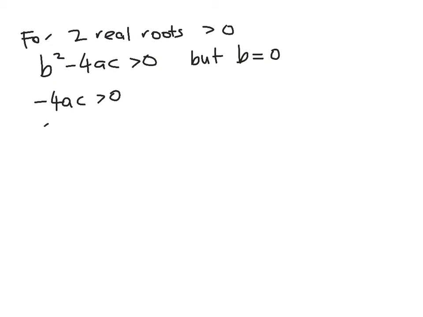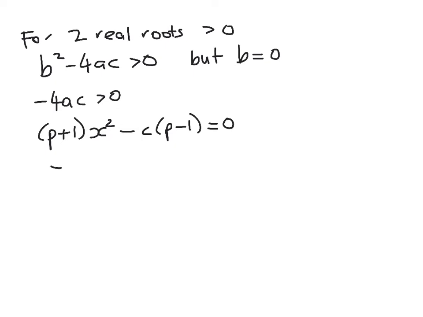It's very easy to write the quadratic out now. We're down to p plus 1 x squared minus c times p minus 1, because the x coefficient is 0. So we've got this. Let's have a look at negative 4ac.